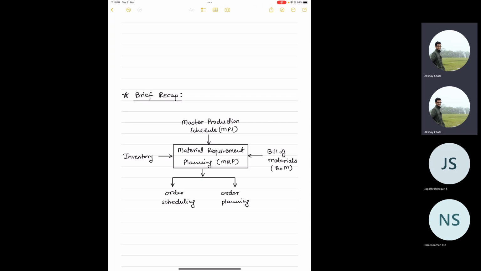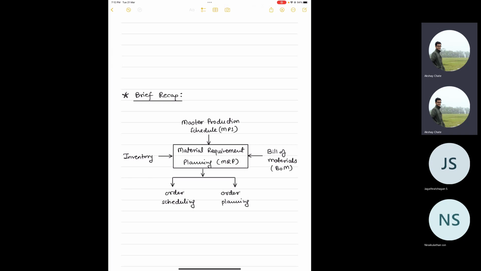Essentially, the objective is to reduce the inventory, because unnecessary inventory carries inventory cost for storage, etc. Based on MRP you do order planning and order scheduling, so that reduces your lead times, your flow times, etc. And overall the efficiency of your planning and your production increases.